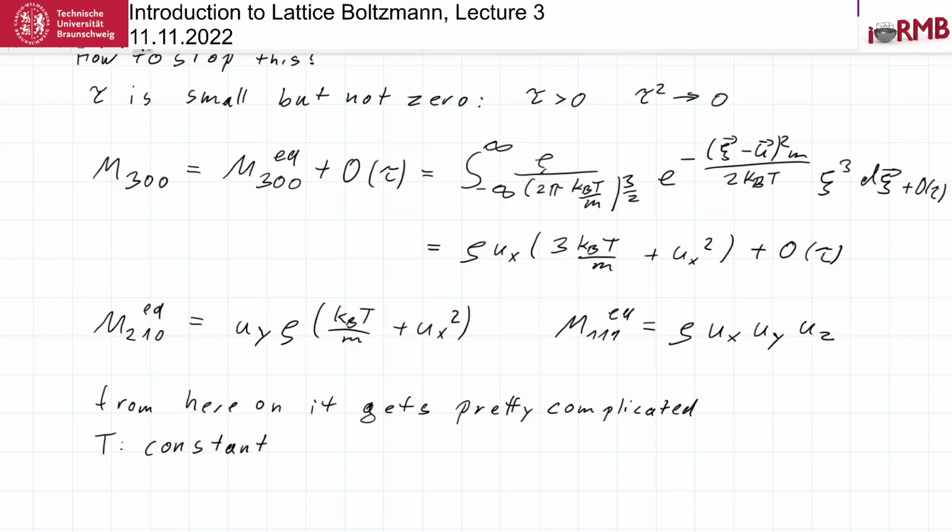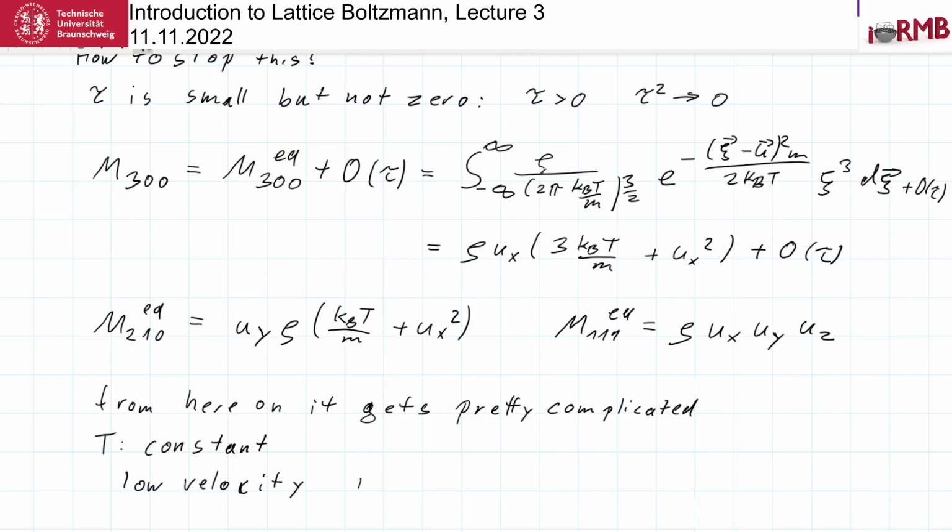For temperature not to be constant, we would have to consider the tau square parts, which we already ignored. We also assume, and this is not necessary, that velocity is small.